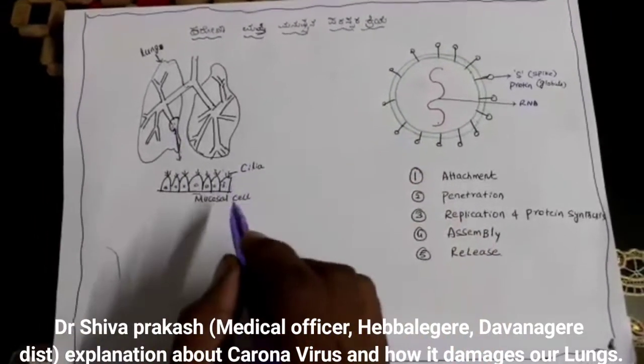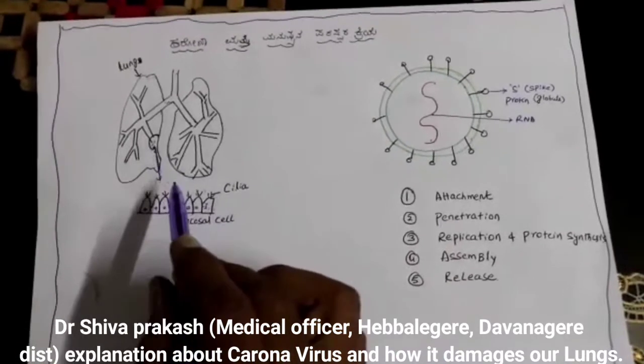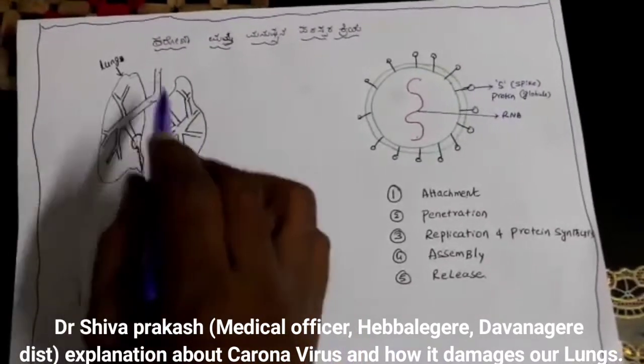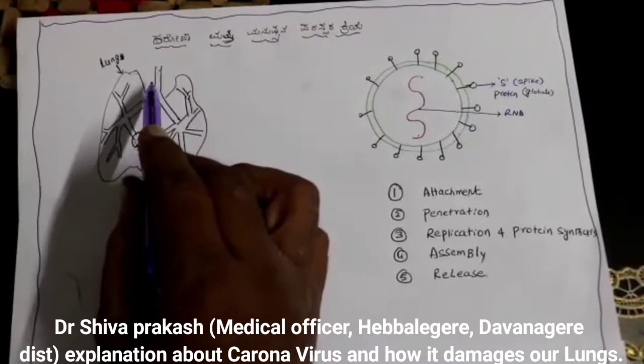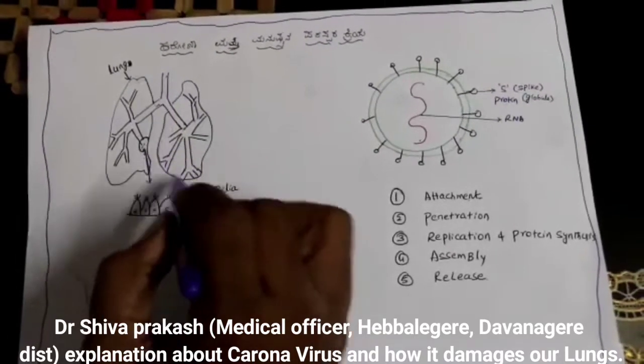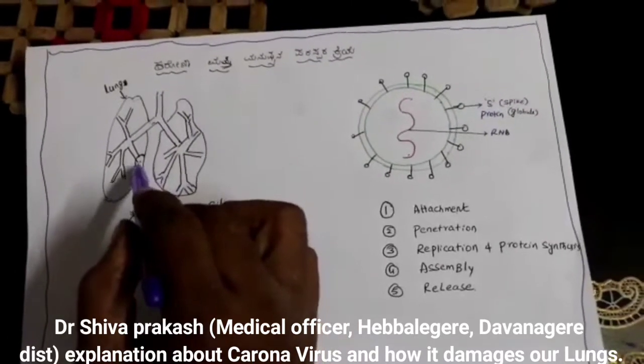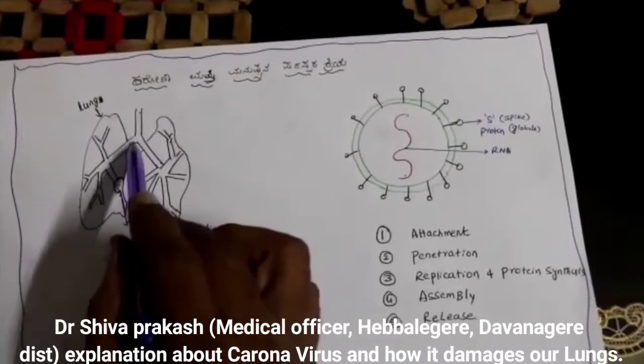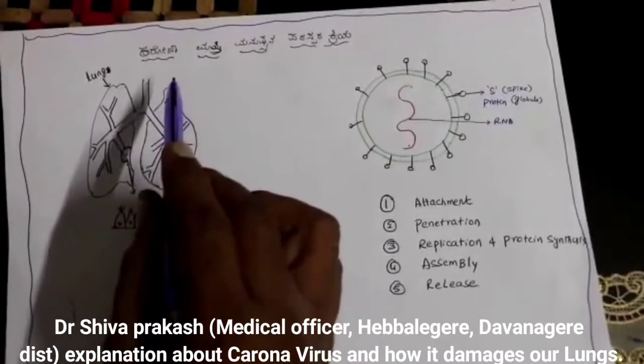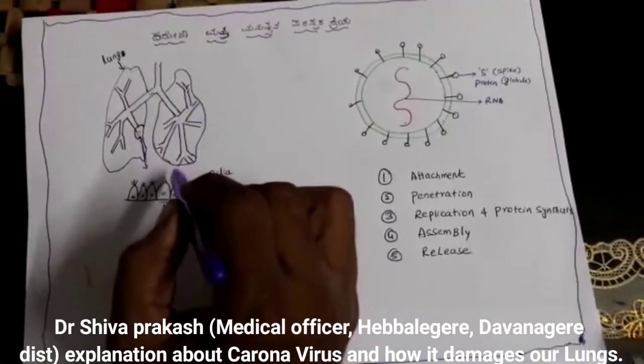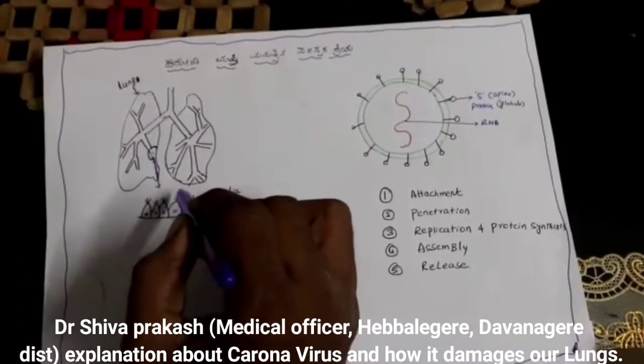We know that mucus traps anything which is foreign, which is not required by the body, and cilia drive it back into the throat and it is coughed outside. That's why we get cough. Actually, cough is a protective mechanism.